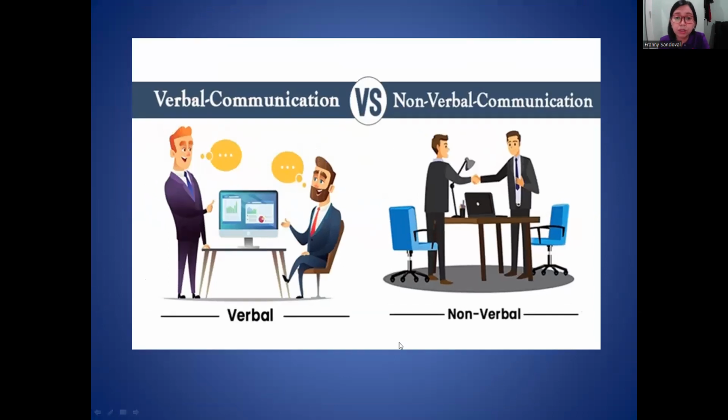Okay, so for our activity, we have here a single picture. I hope you see this clearly. In this picture, we have two scenes or two situations.